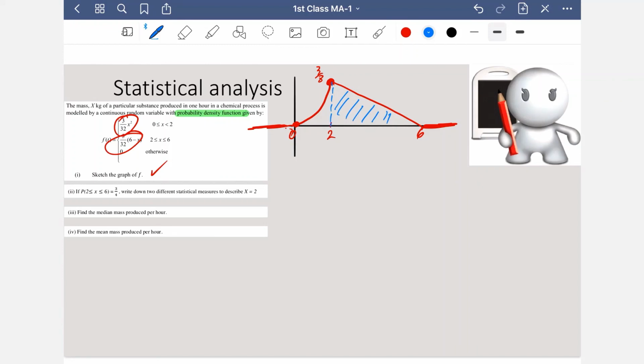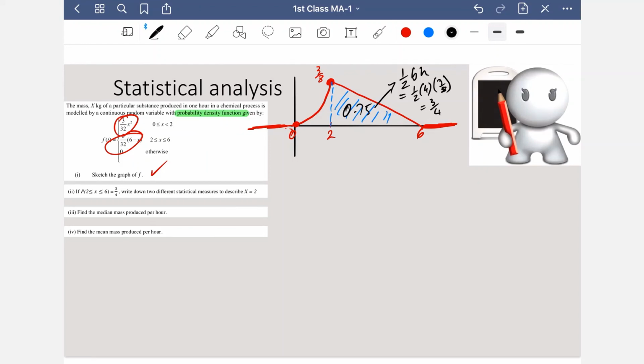So the area underneath this function is 0.75. Now I can actually work that out. It wouldn't have been hard: it's a triangle, half the base times the height. Well, the base is 4 and the height is 3/8. And if you do that, it's going to be 3/4, yeah?